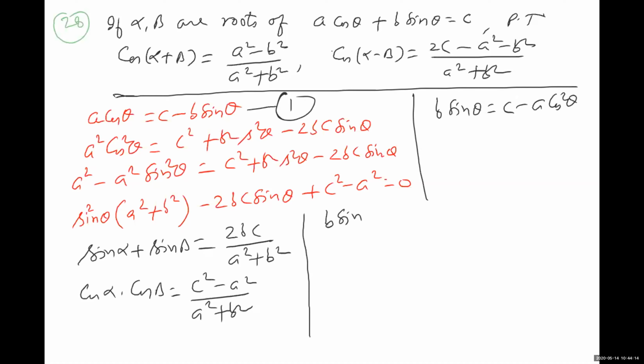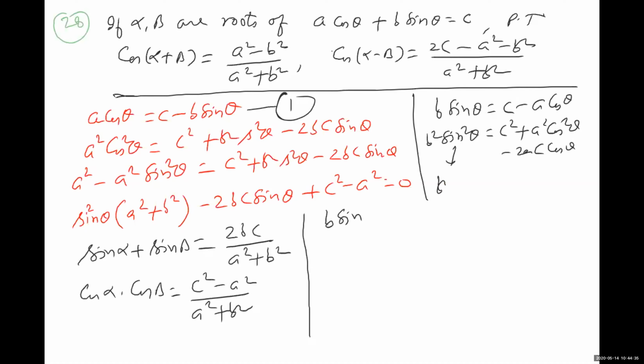So this will give you b square sin square theta is equal to c square plus a square cos square theta minus 2ac cos theta. So this you can write as 1 minus cos square theta.